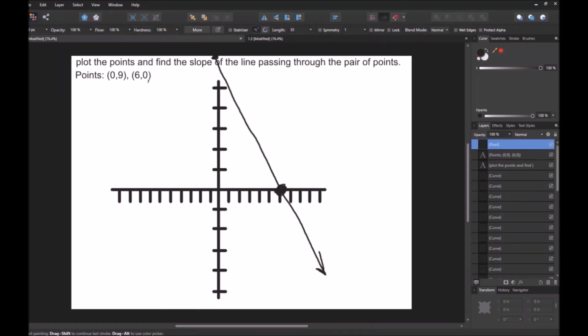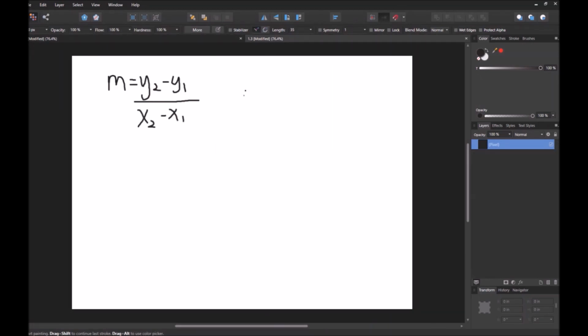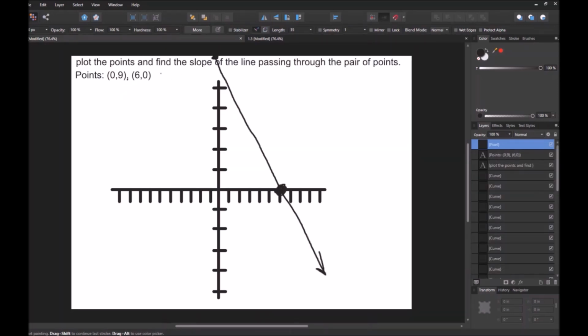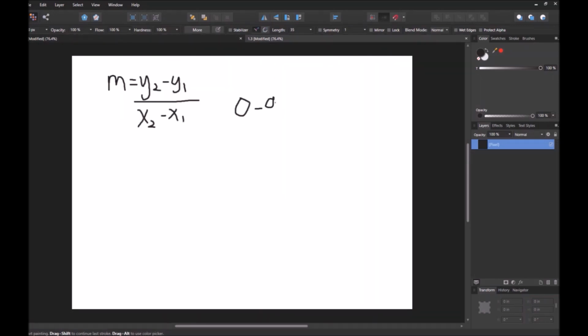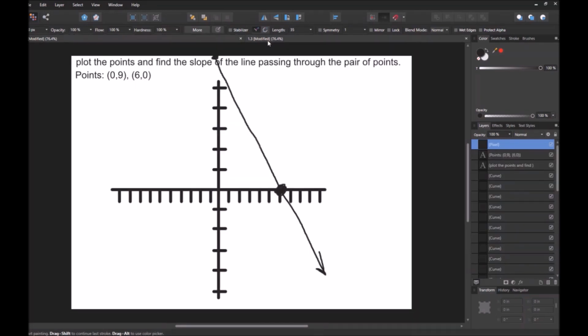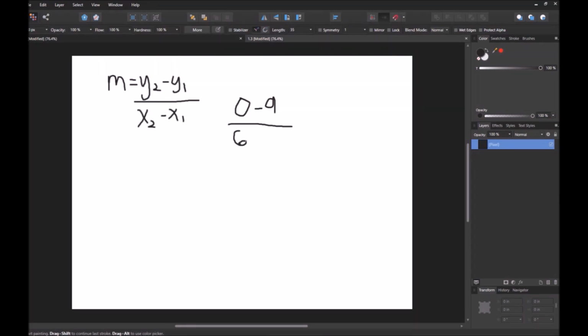So we're going to go y2, which is 0, minus y1, which is 9, and then x2, which is 6, minus x1, which is 0. And we're going to get negative 9 sixths, which if we divide it by 3 to reduce it, we get negative 3 halves.